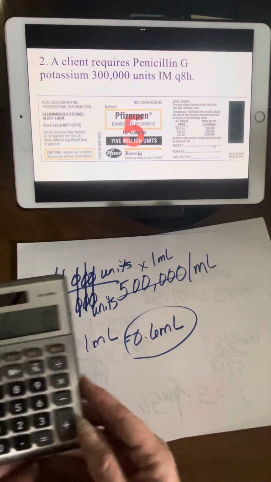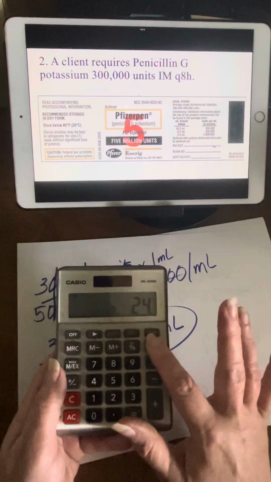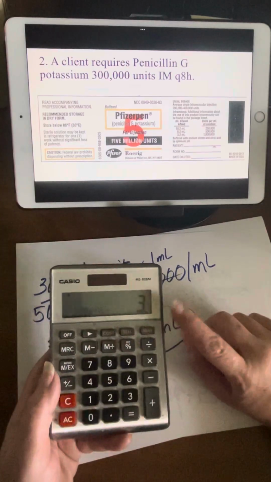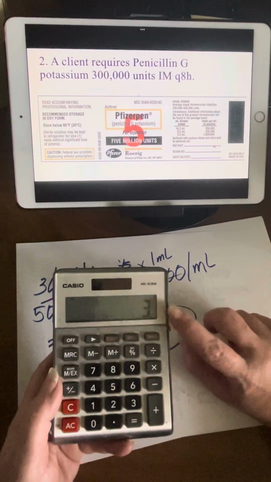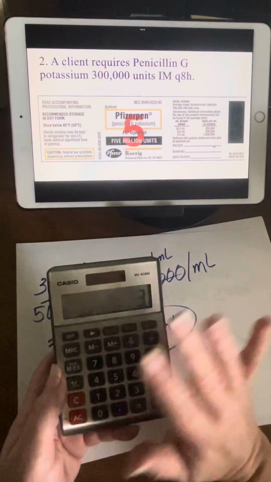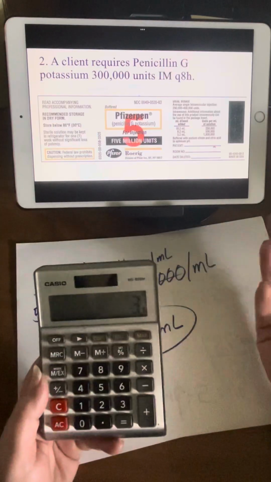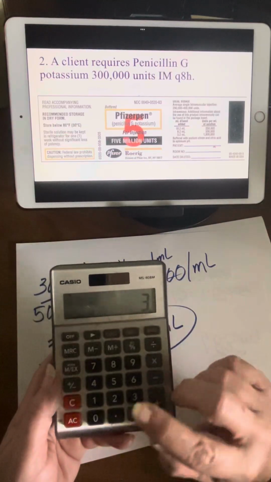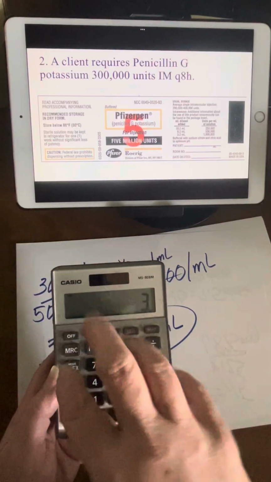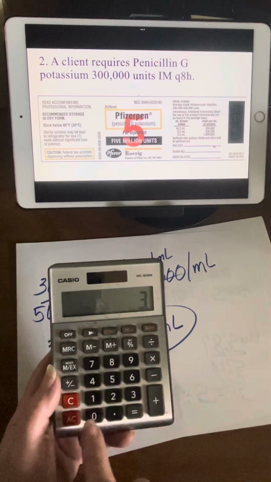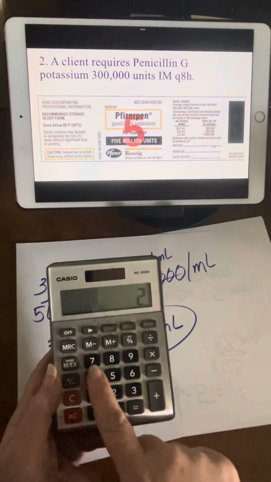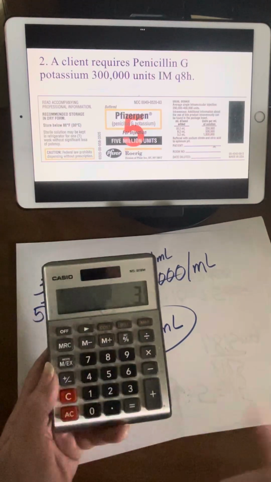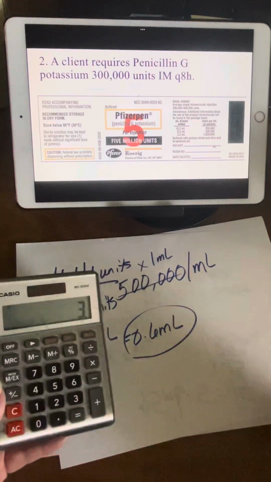You got your answer? Look, 24 divided by 8 equals 3. If you didn't say 3, it's okay. A lot of people don't say 3. But for this kind of math, I don't want you to trust your brain. So you're always going to do 24 divided by 8 to find that it's 3 times.